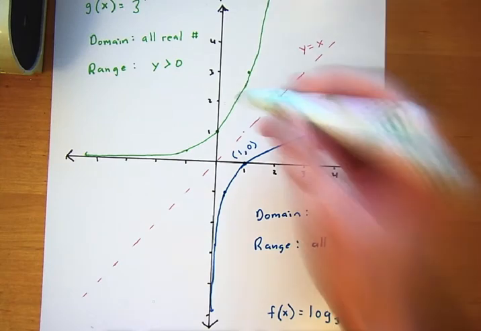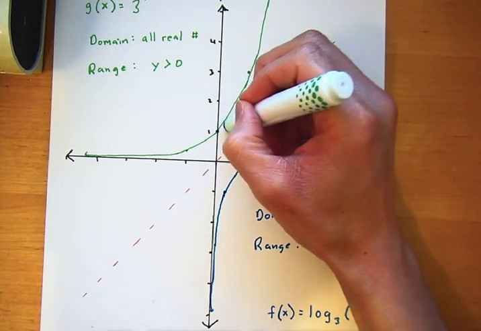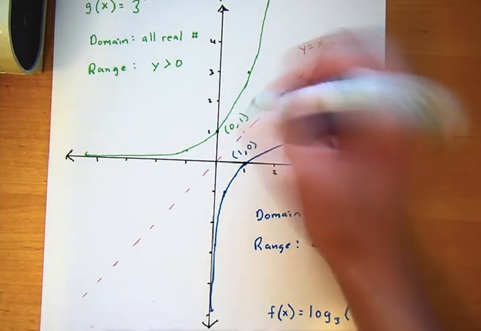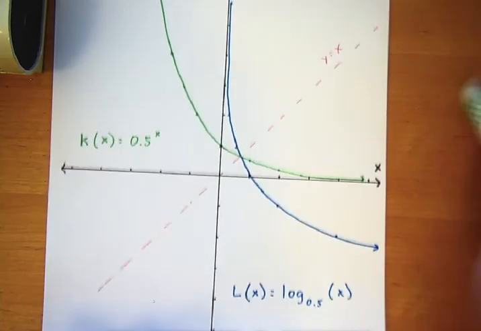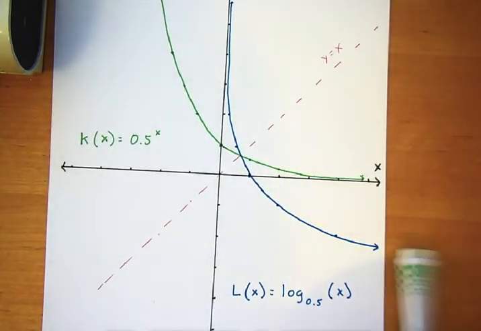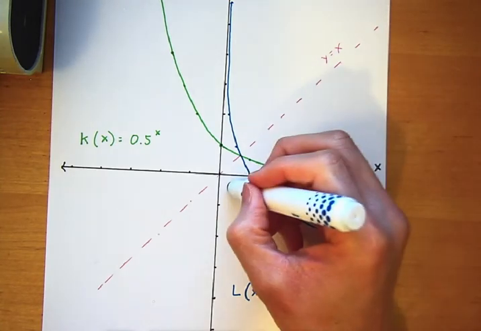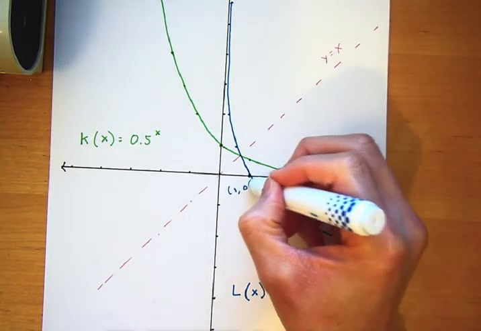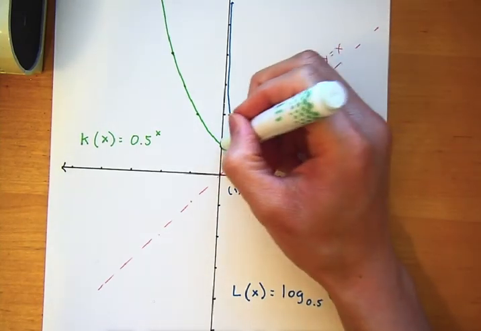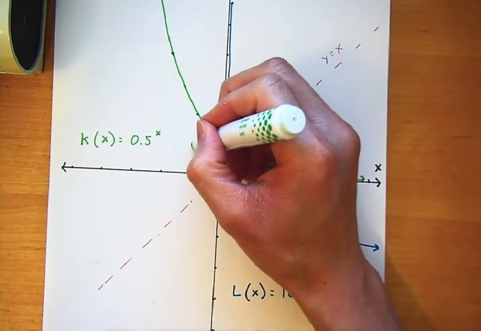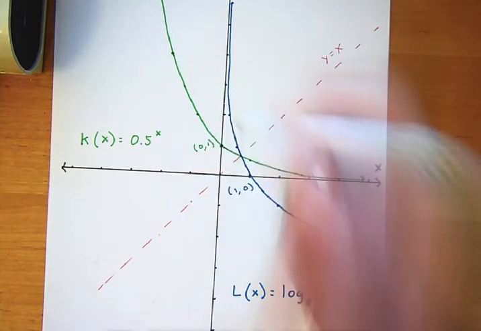And our exponentials went through (0, 1). So in general, you'll notice that our logs are just going through that same point. Our logs will go through (1, 0), with the inverse exponential going through (0, 1).